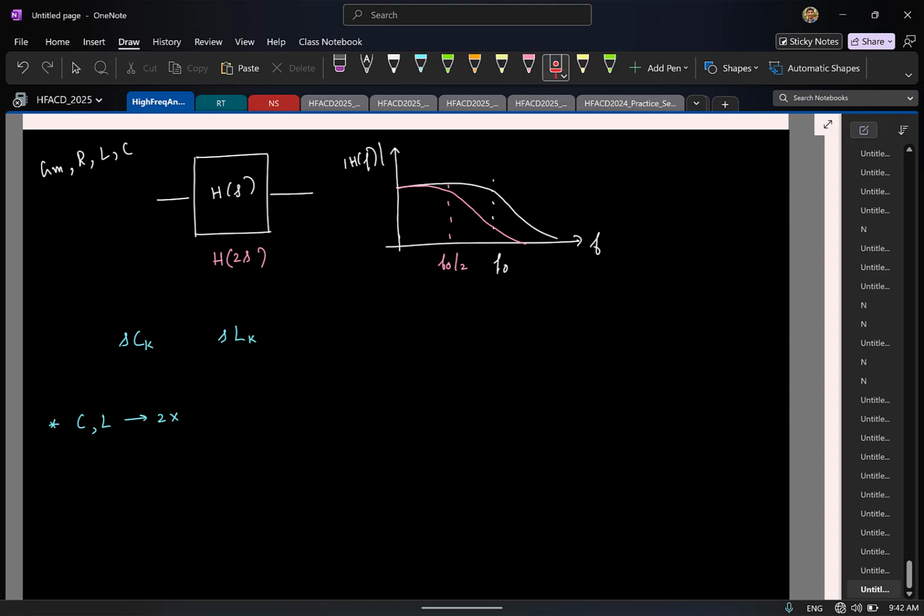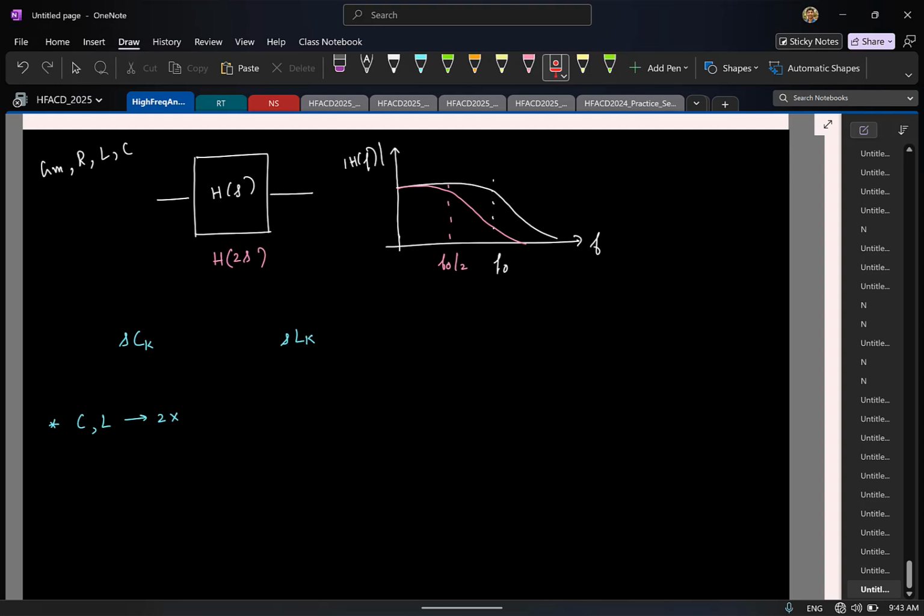No, but remember your transfer function is a unitless quantity. So in your transfer function you will not just have s times C, right? It will have s times C times something, correct? Let me erase and write it here. Your transfer function is a unitless quantity, so you cannot have a term s times C, because s times C has units of what?